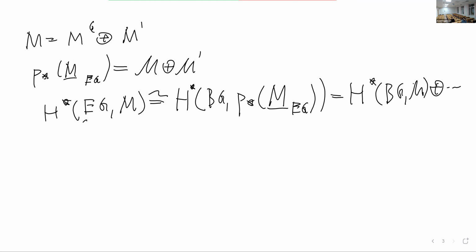But this is automatically zero in positive degrees, and hence so is this. Again, this is an improvised argument, but the essential part is this: the direct image splits as the module we had plus something.